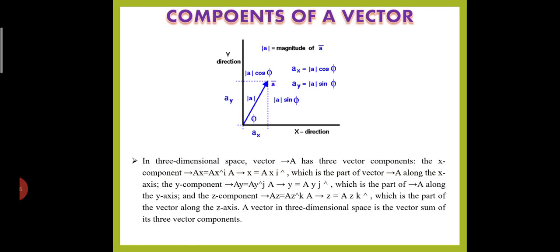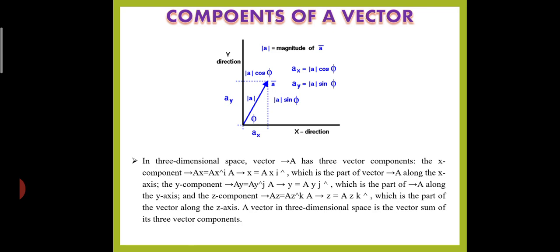Now here are the components of a vector. In the figure, the x-axis is the x direction, ax, and in the y-axis, ay is the y direction.